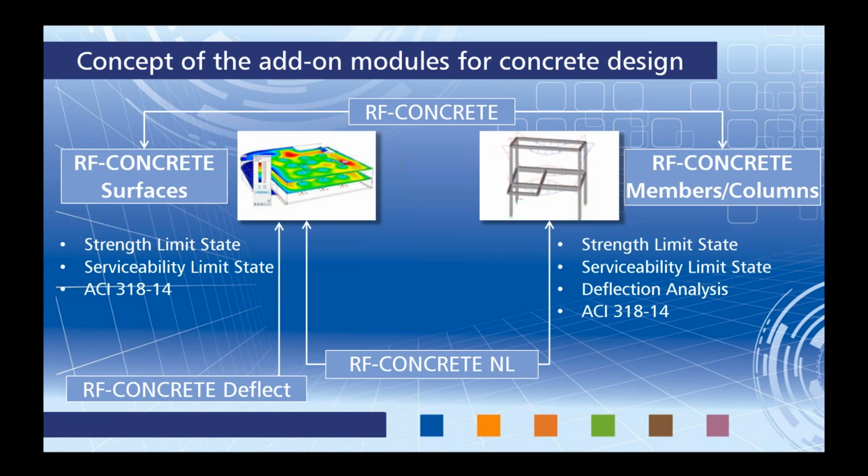It's a more exact approach, and this will use our exact cracked sectional properties to calculate our deflection. RF-CONCRETE Nonlinear is only available for serviceability limit state designs in these add-on modules. We will not be getting into this today, but if you want to get into more of an exact approach, then this is certainly the way that you want to go.